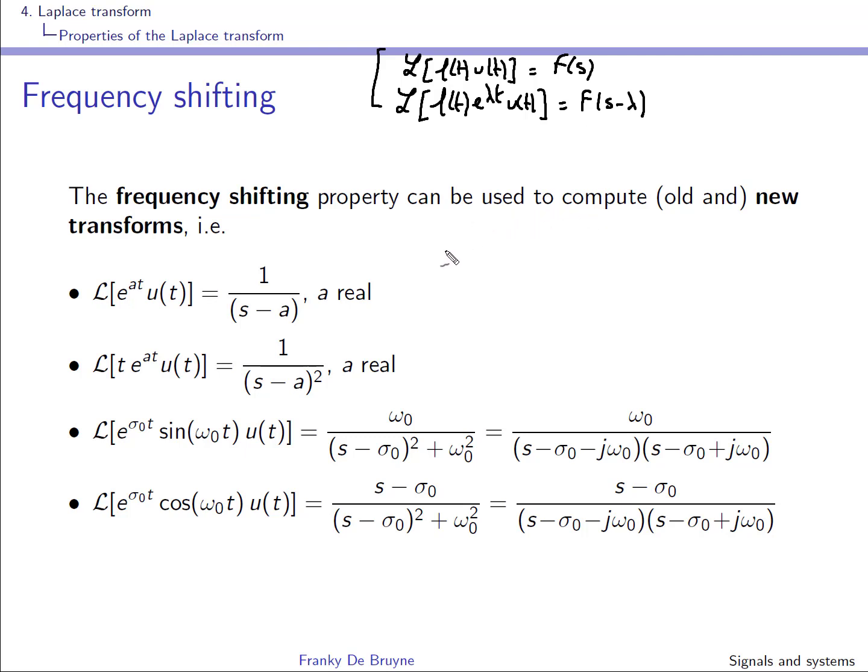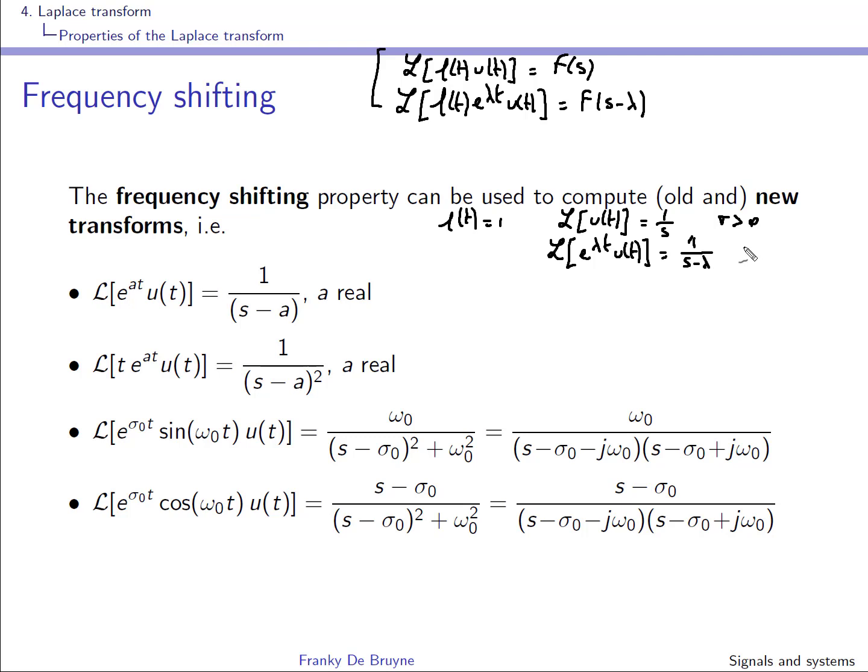So let's use this, and in this case here what we'll do is simply take f of t equal to 1, and then we have the Laplace transform of u of t that we know is 1 over s, and the region of convergence is sigma larger than 0. And let us now look, if we apply the property, at the Laplace transform of e to the lambda t u of t, and this will be, by the frequency shifting property, 1 over s minus lambda.